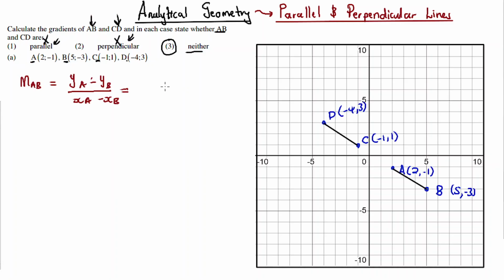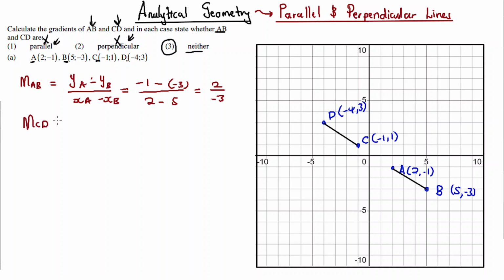YA is negative 1, minus YB, which is negative 3, divided by XA, that's 2, minus XB, that's 5. So minus 1 plus 3, that's a plus 2, over a negative 3. This is our answer for gradient AB.